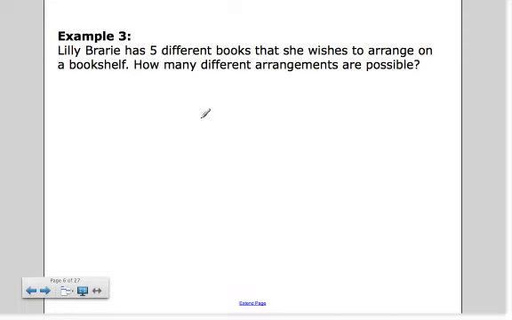Alright, let's try another one. Lily Brary has 5 different books that she wishes to arrange on a bookshelf. How many different arrangements are possible? We need to really think about this. I've got 5 different places for books on my bookshelf. In the first place, I'm going to have 5 different choices of books. But once I've put a book there, I'm only going to have 4 books to choose from, then 3 books, then 2 books, and only 1 book left for the last place.